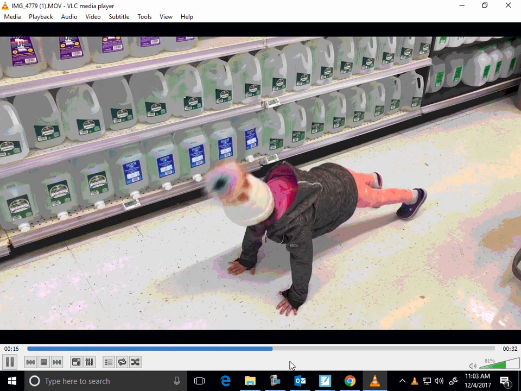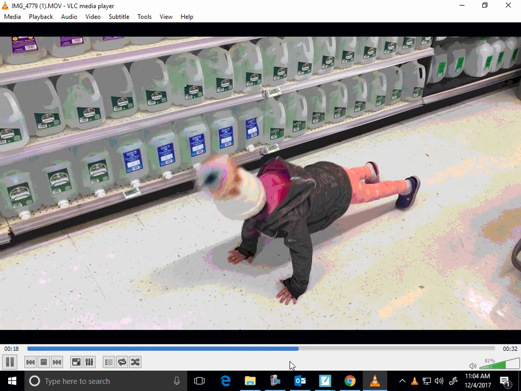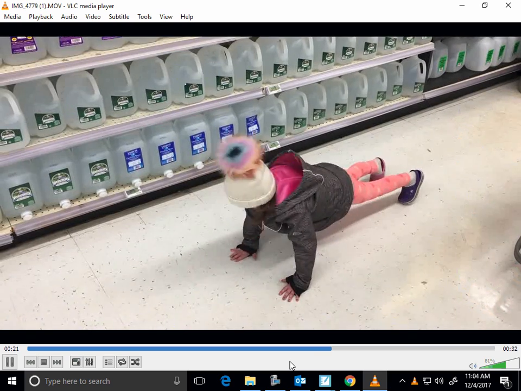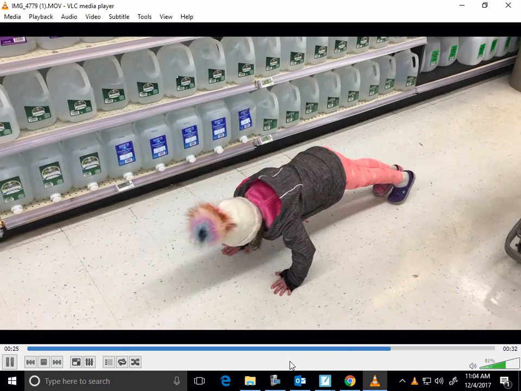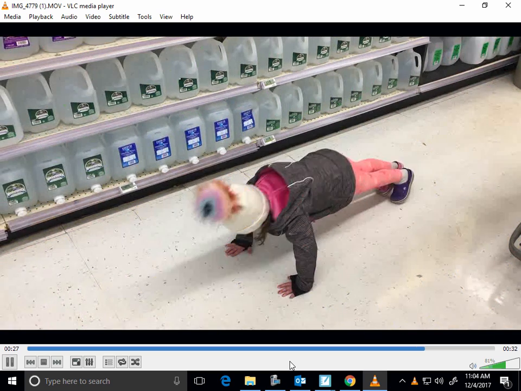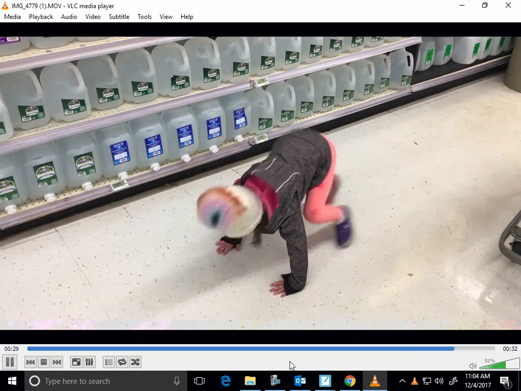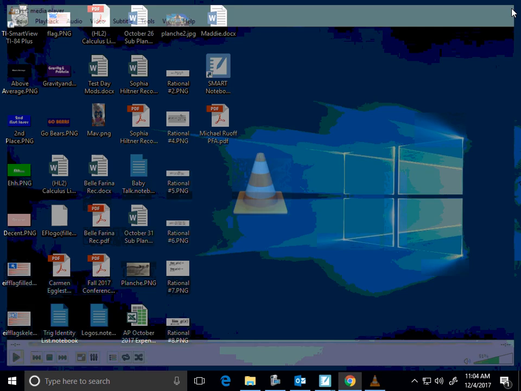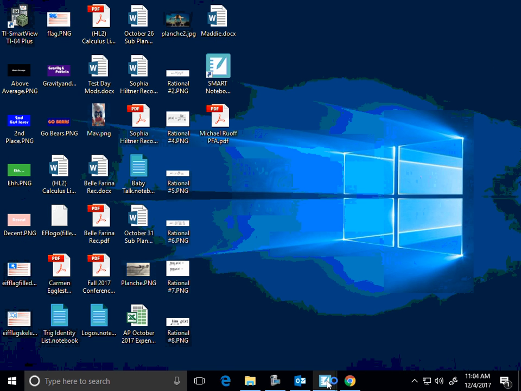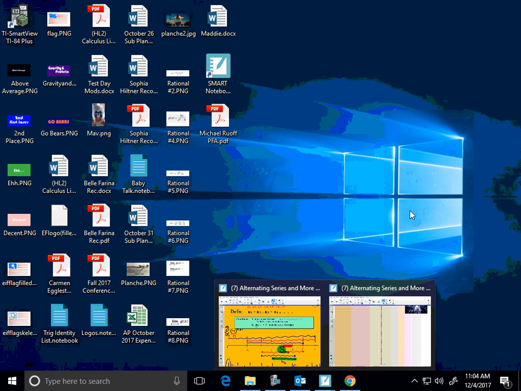Straighten it out. I wish I had the IKEA gains. So good. So good.